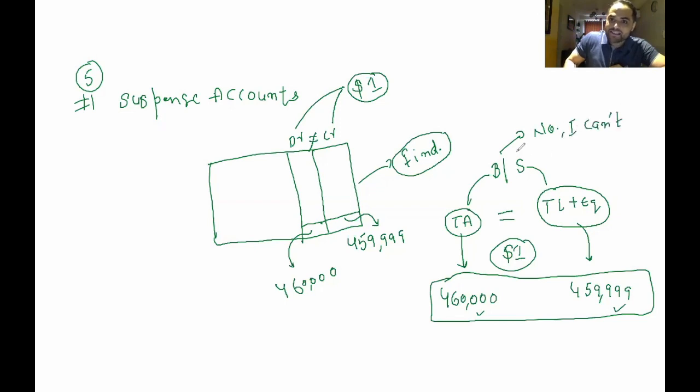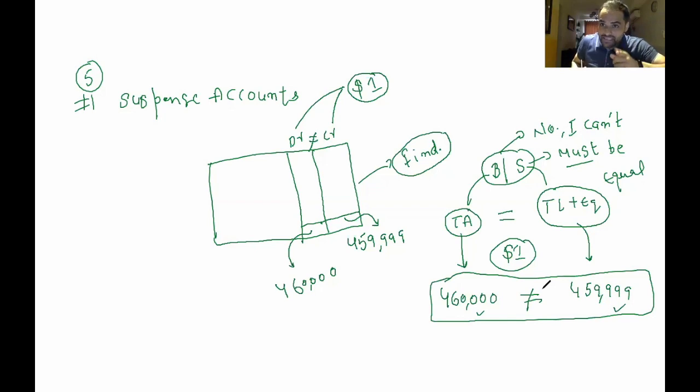Why? What is the principle of the balance sheet? Balance must be equal. Is it equal? Of course not. Of course, this $1 is very insignificant.